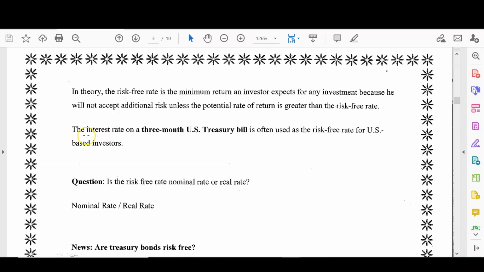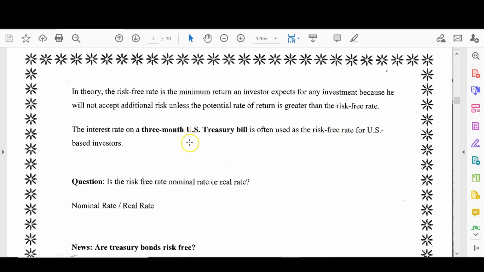We usually consider the interest rate on a 3-month US Treasury bill as the risk-free rate. We think it almost has no risk, almost zero risk. So we say the rate of return for a 3-month Treasury bill is the risk-free rate.